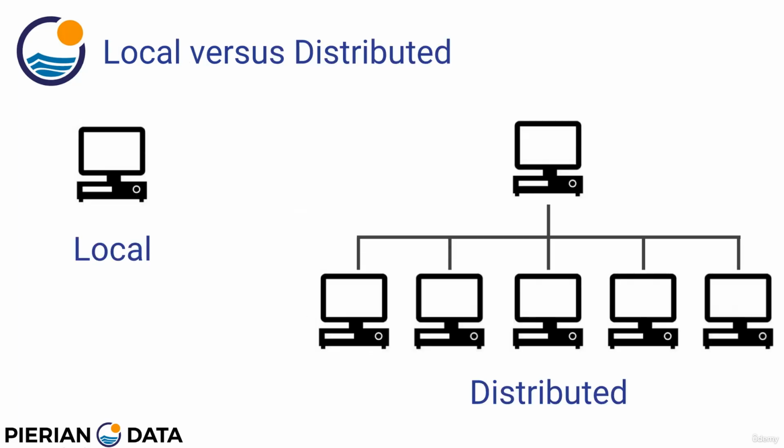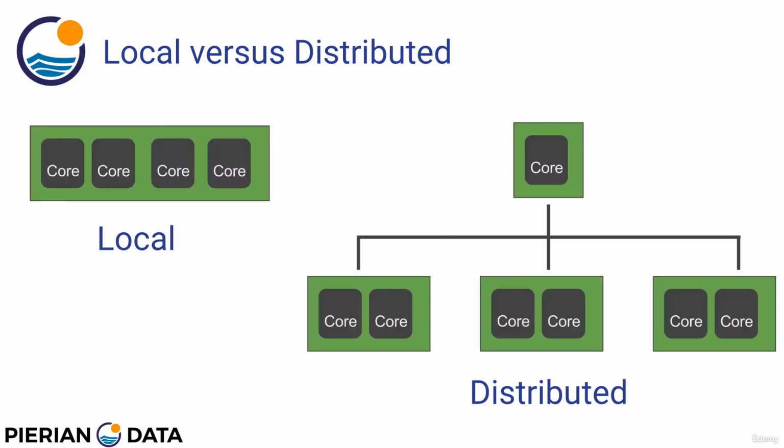Just to reiterate, a local machine is basically what we've been using. It's your own computer or a single machine where you're restricted to the RAM or hard drive of that one machine. On a distributed system, you can have one machine controlling a distribution of multiple machines. For instance, if you have one local machine, you may use all the cores on that machine.